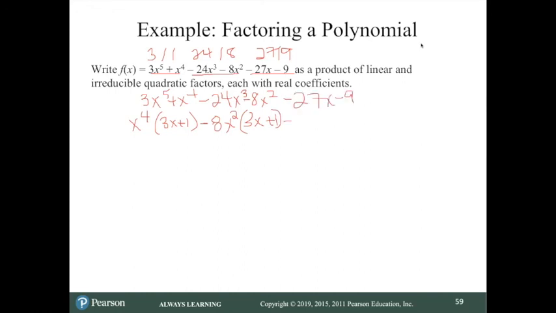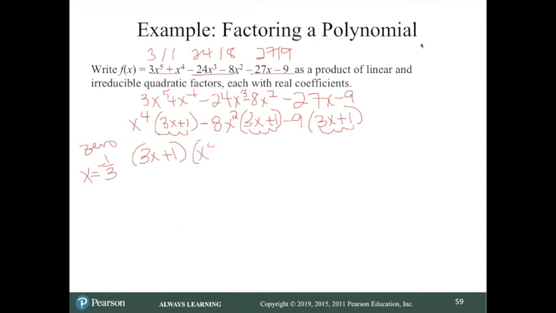GCF leading negative of 9. So that's 3x plus 1. Oh, that's nice. So now I have a GCF of 3x plus 1 that I factored out without having to use the P over Q list and graphing it in order to find that zero of x equals negative 1/3. Right? I found that by factoring by grouping.